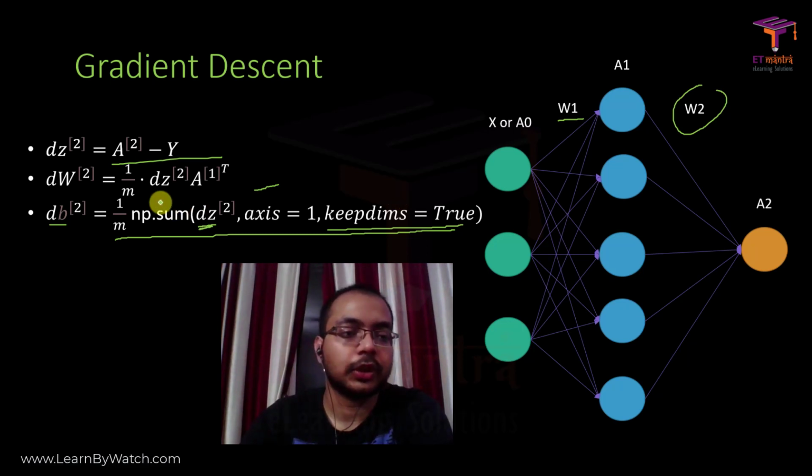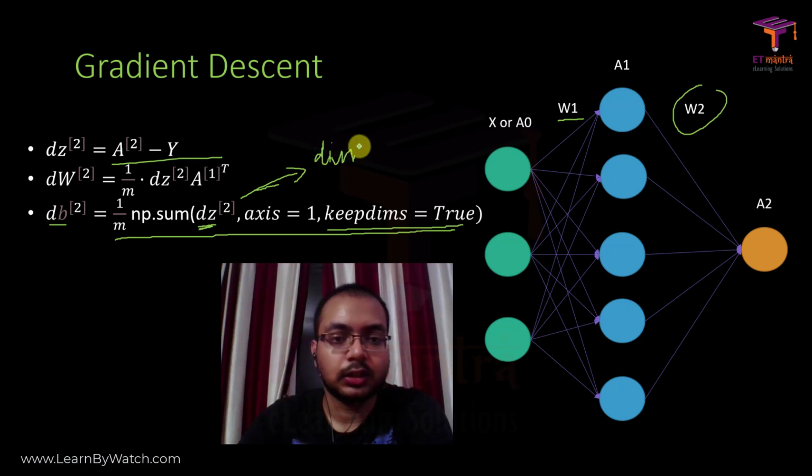But most of our arrays here are 2D arrays, so we want uniformity. For that reason we add keepdims equal to true, and the dimension of this matrix stays 2. It won't change.